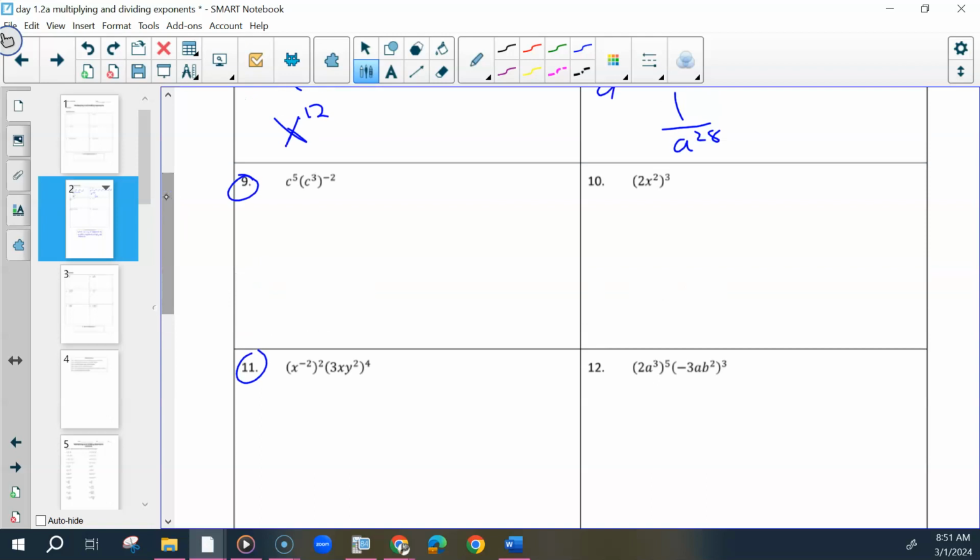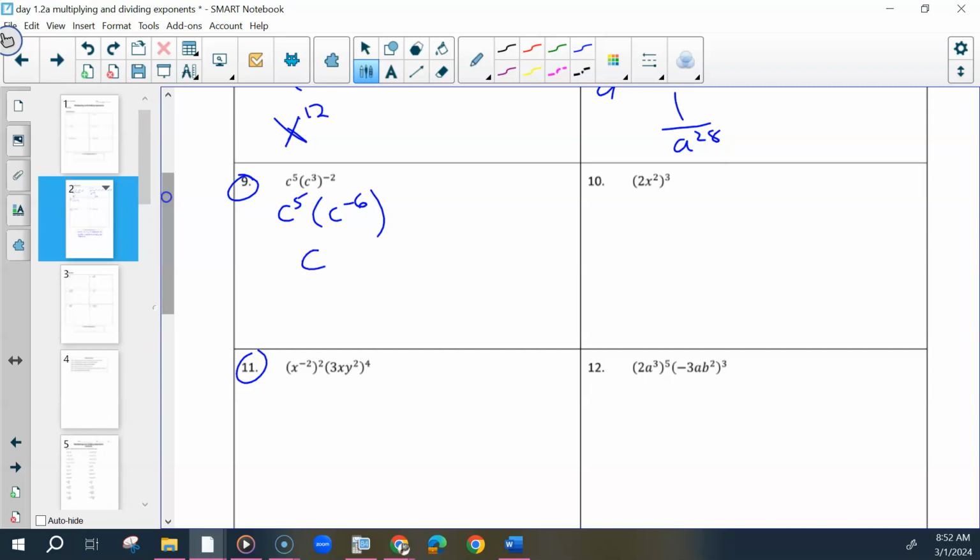Okay, so if we're using our rule, we can't do anything with this yet because this one has an exponent attached to it, but we can multiply these two exponents. So we have c to the negative 6. And because we haven't talked about what happens when we divide yet, I would just go ahead and use our multiplication rule, add the exponents, or in this case, add a negative, subtract.